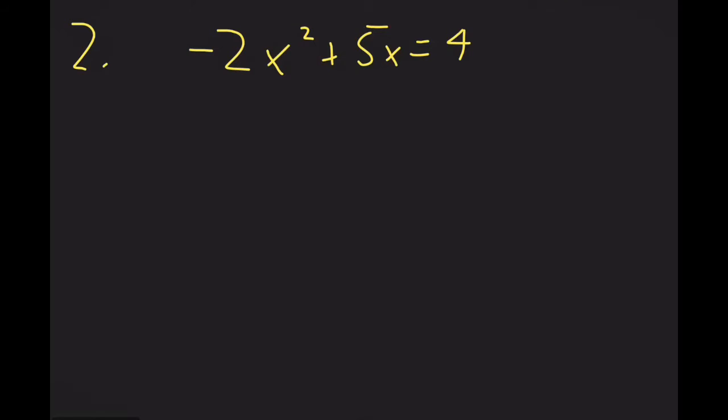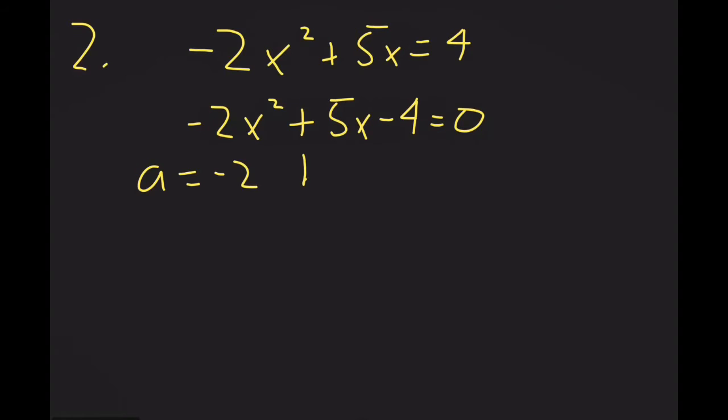First, let's bring 4 to the other side so it's in the standard quadratic form: negative 2x squared plus 5x minus 4 equals 0. Now we can identify a, b, and c. a equals negative 2, b equals 5, and c equals negative 4.